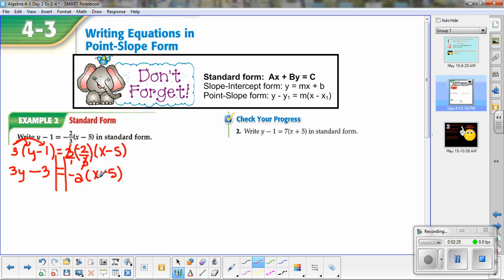So now I no longer have any fractions. I'm going to go ahead and do the distributive property on the right. So 3y minus 3 equals negative 2x. And then a negative 2 times a negative 5 is a positive 10, so plus 10.